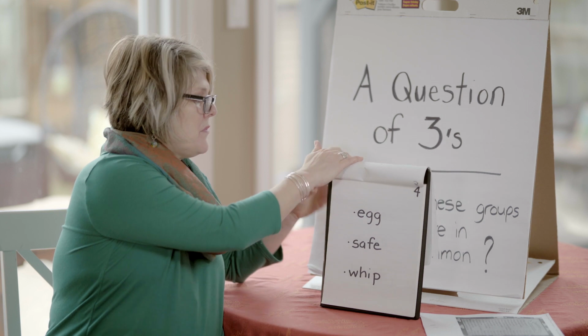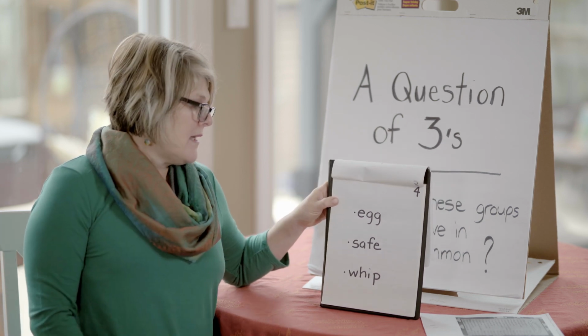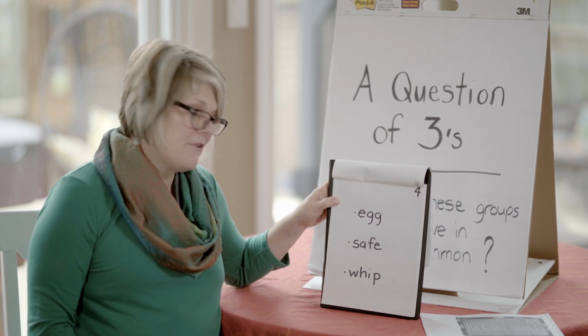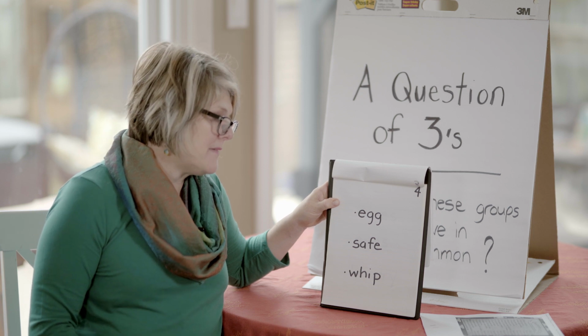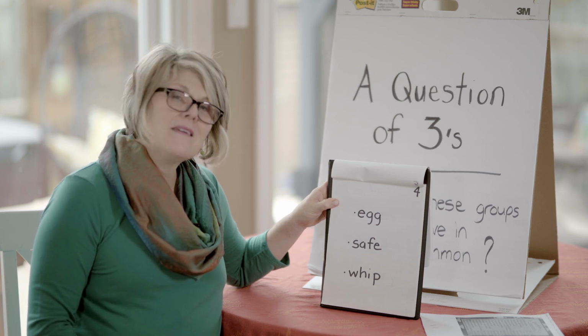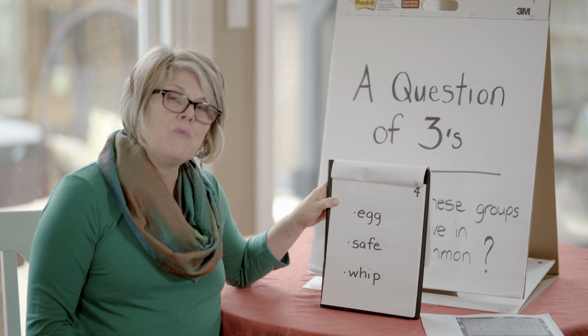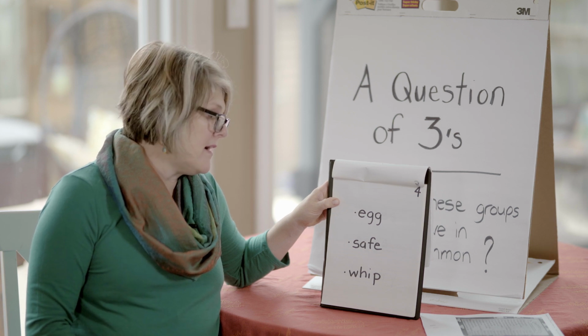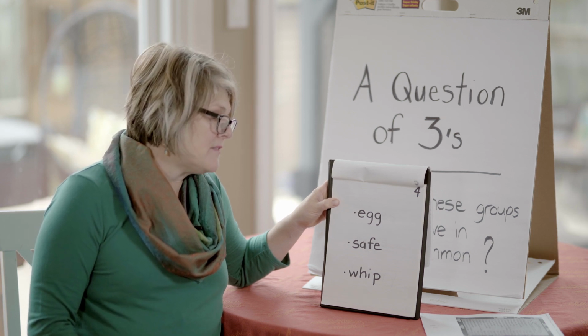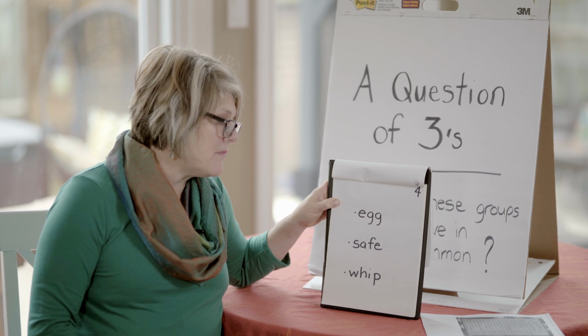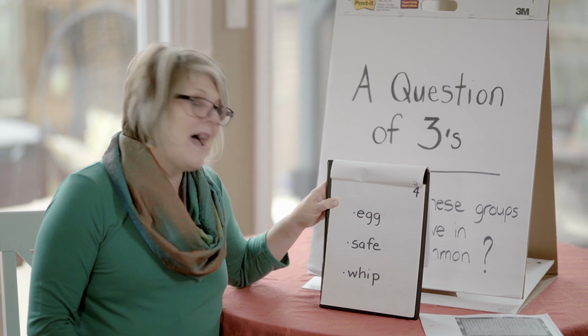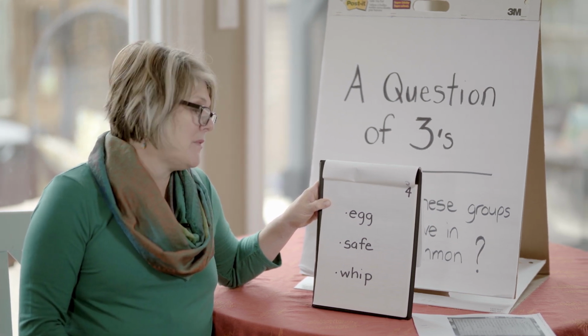Moving on. Number 4. Egg, safe, and whip. Egg, safe, and whip. What is common about these 3 items? As I look at my answer here, what do you do with a safe?